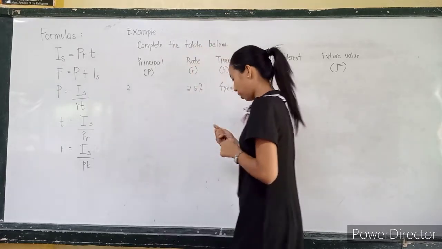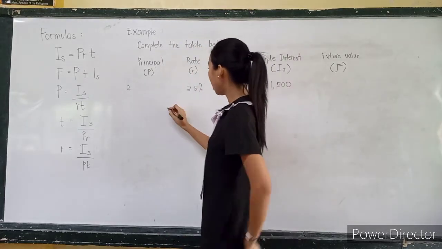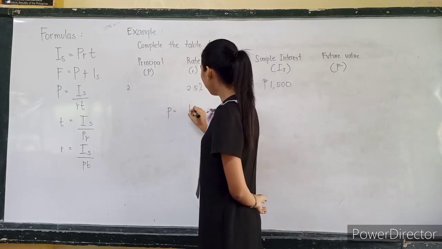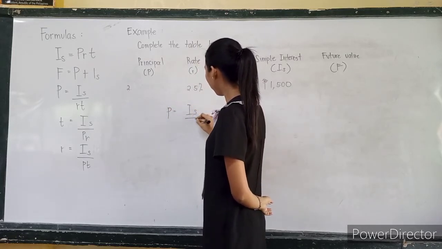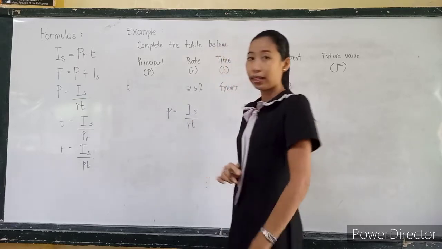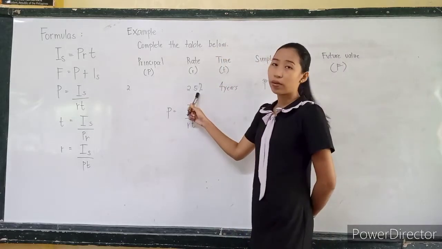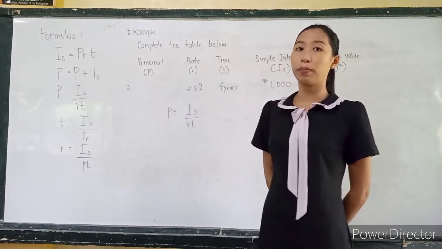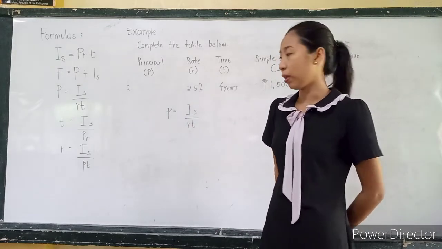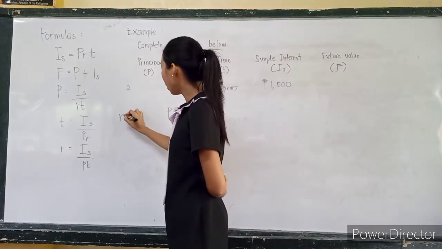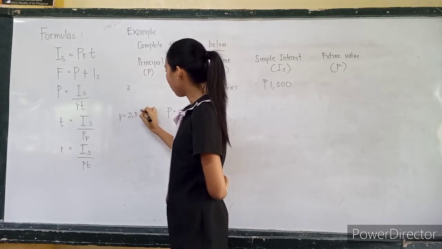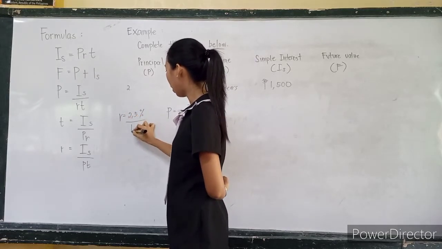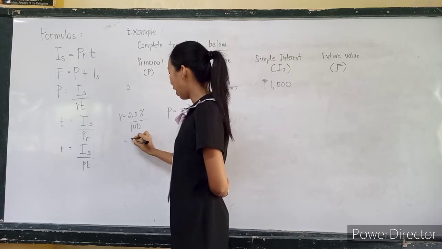So we have P is equal to IS over R times T. Remember, as before, we divide your percent-form rate to get a decimal. So R is equal to 2.5% divided by 100. And the answer now is 0.025.